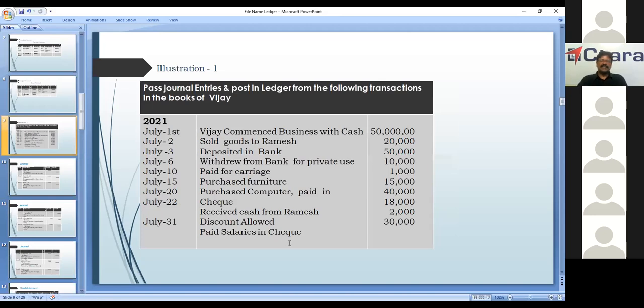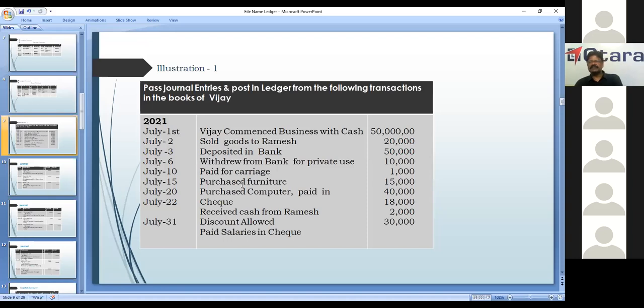Okay. Next, paid for carriage. Carriage is transport charges, right? It is paid in cash. What is going out? Cash is going out. It's an expense. We're making payment for transport charges. So carriage account debit to cash.